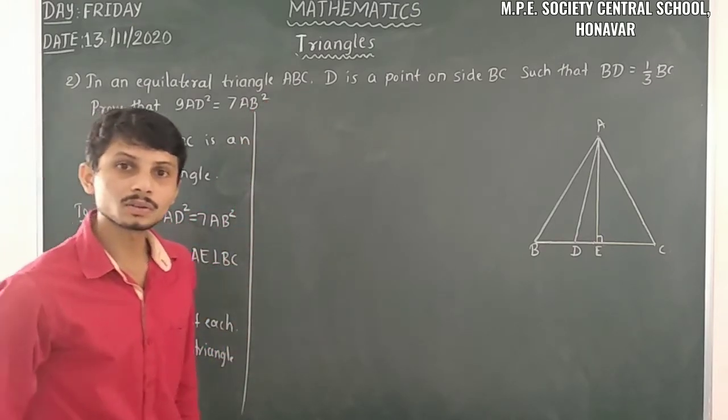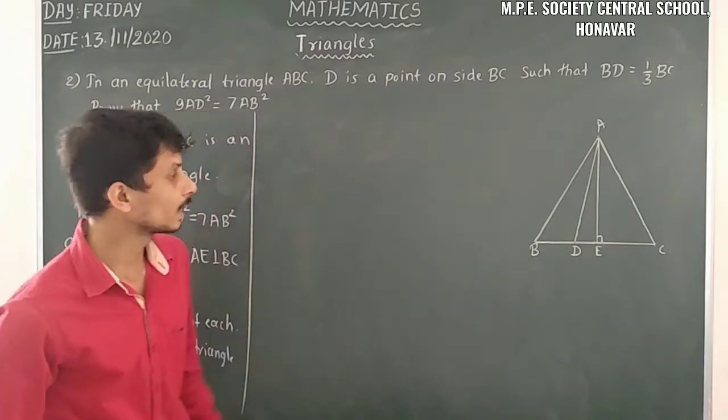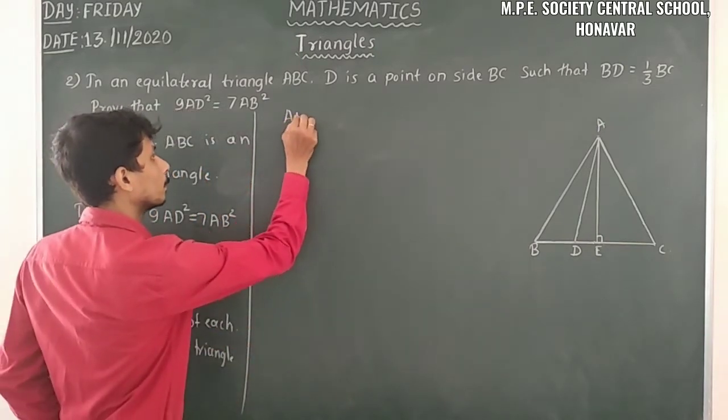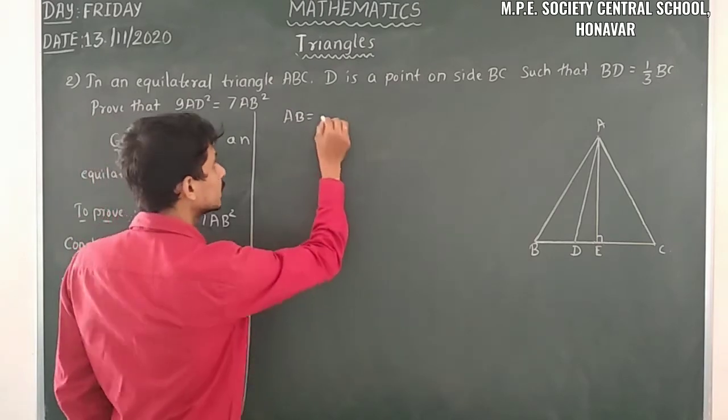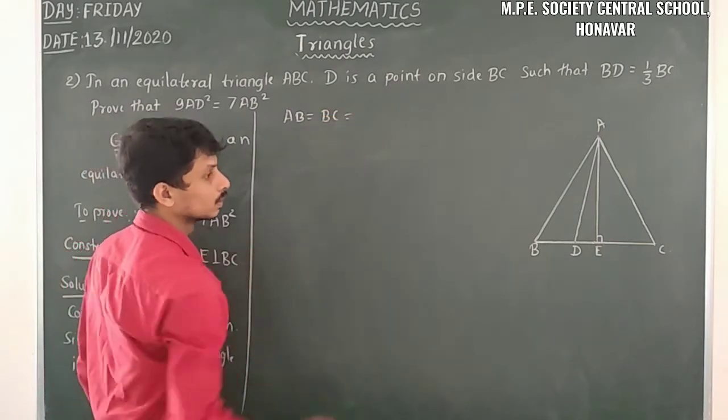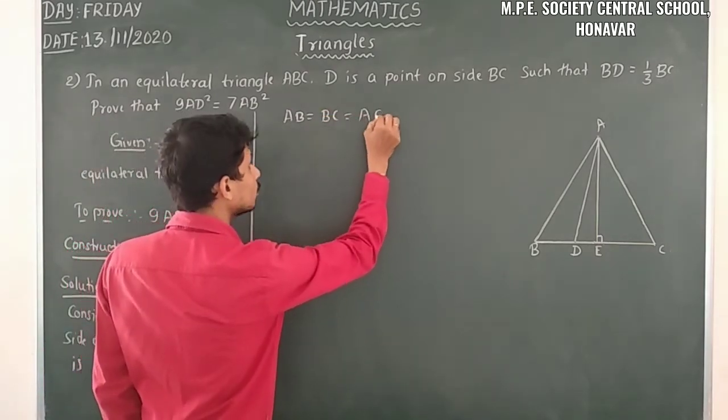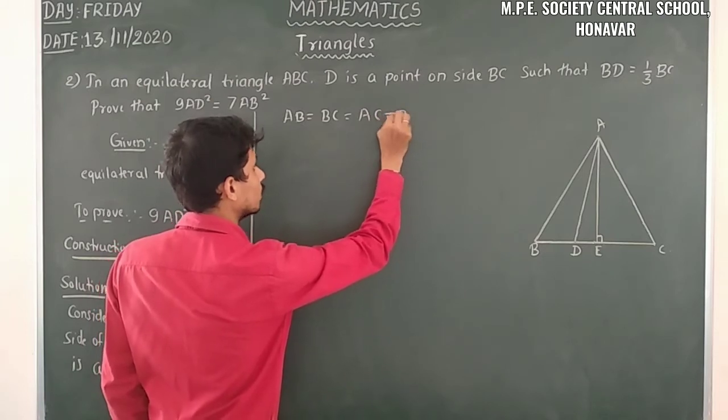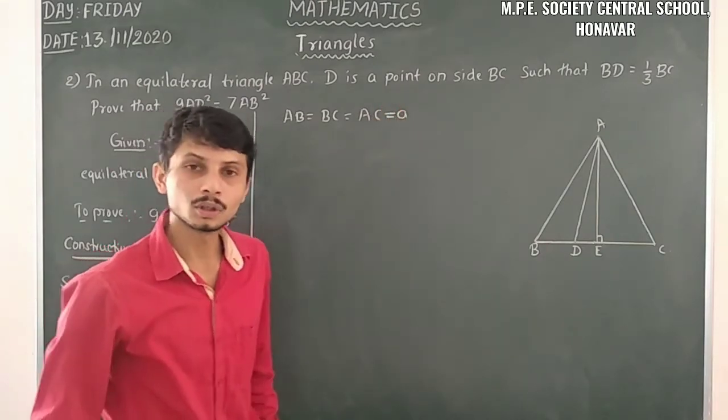So then we have to take all the measurements here. AB is equal to BC is equal to CA is equal to A. AC is equal to A here.